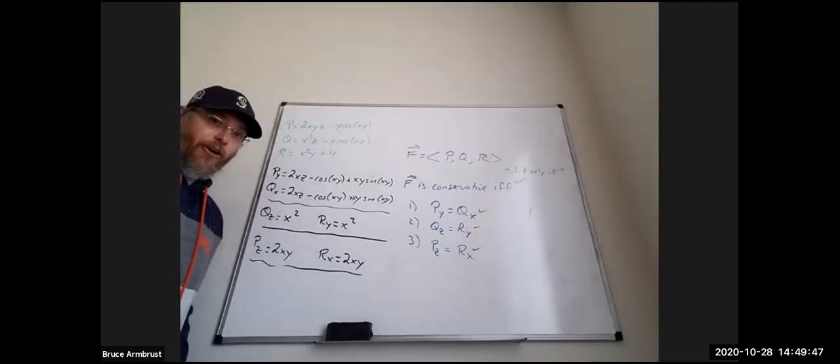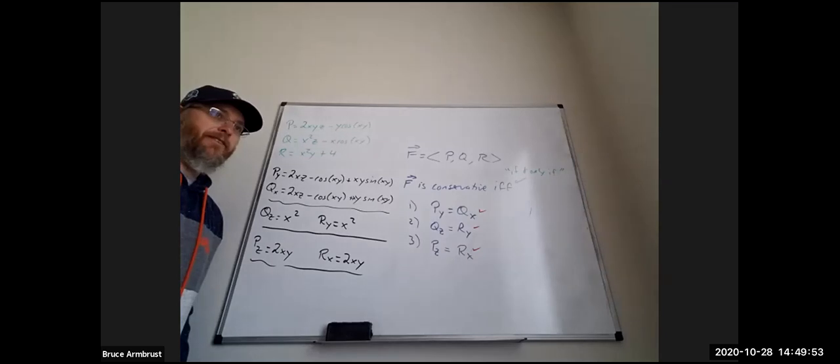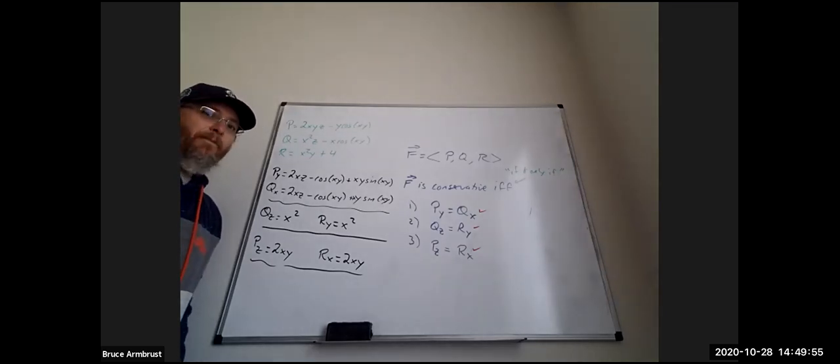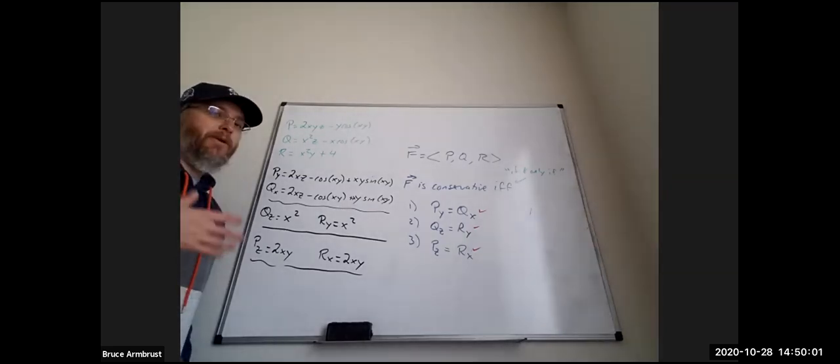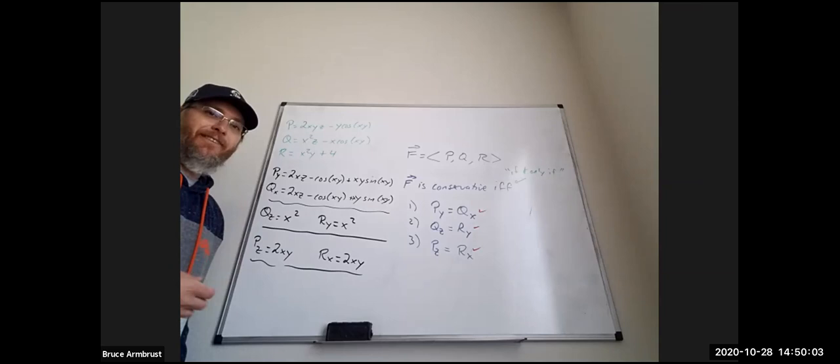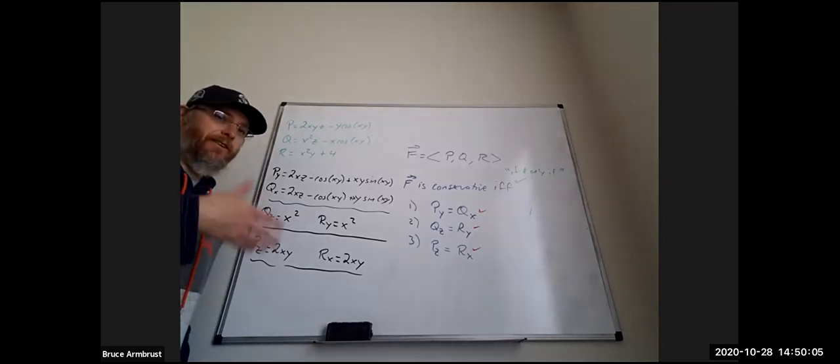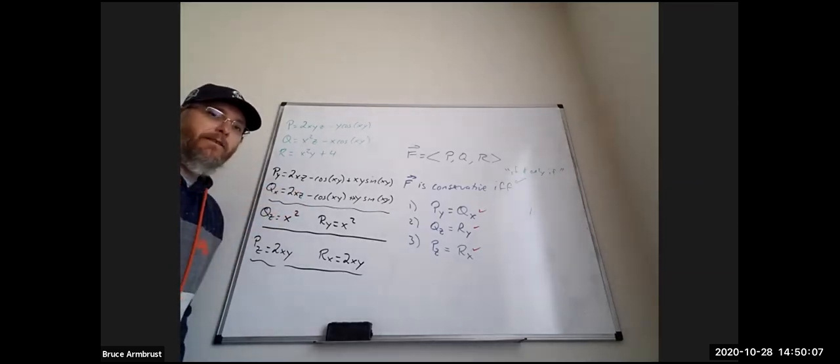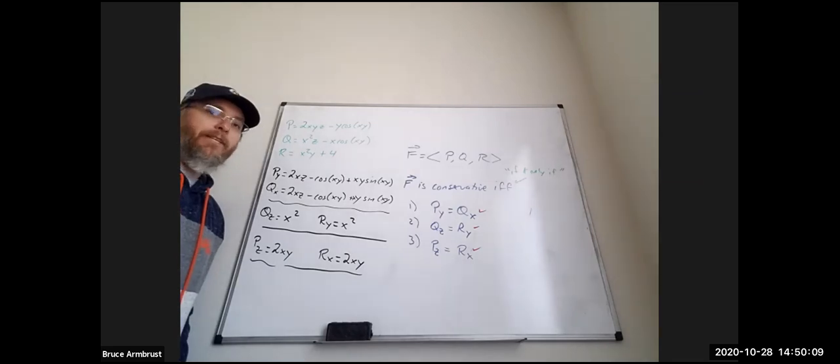You'll see why later, why we care about potential functions versus non-potential, or conservative versus non-conservative. Conservative are much nicer. They're much easier to use. As we build techniques for doing different kinds of integrals, you're going to see that conservative versus non-conservative matters. But anyway, just take them for what they are.